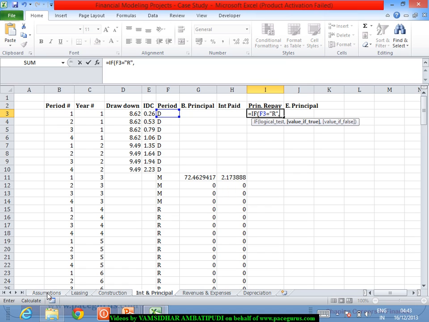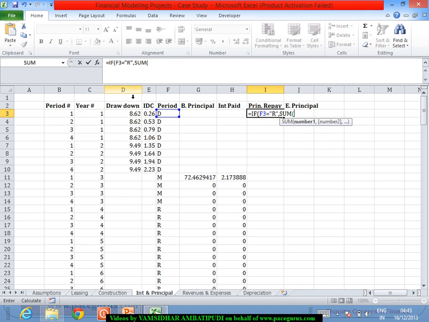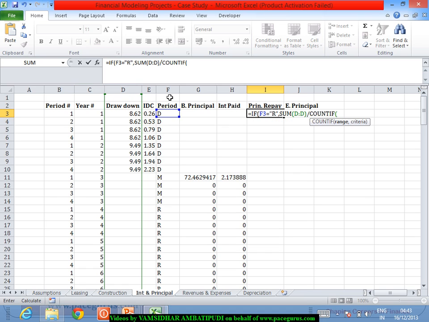What I would be doing is taking the entire drawdown, whatever was my total drawdown, and dividing by the total number of repayments. So I'll use COUNTIF in this particular region to count how many R's are there.